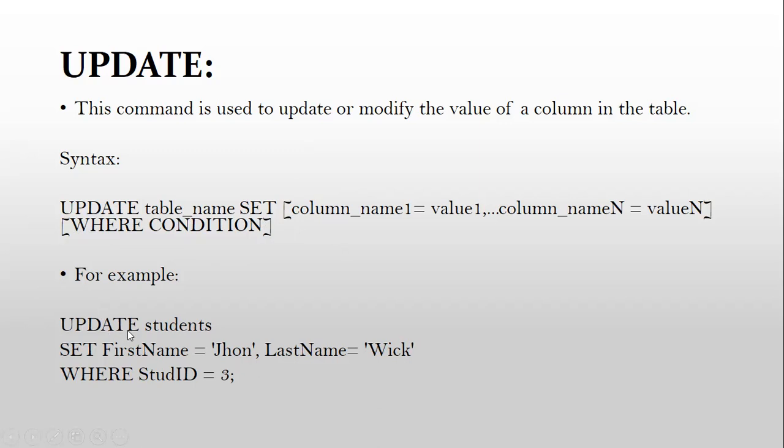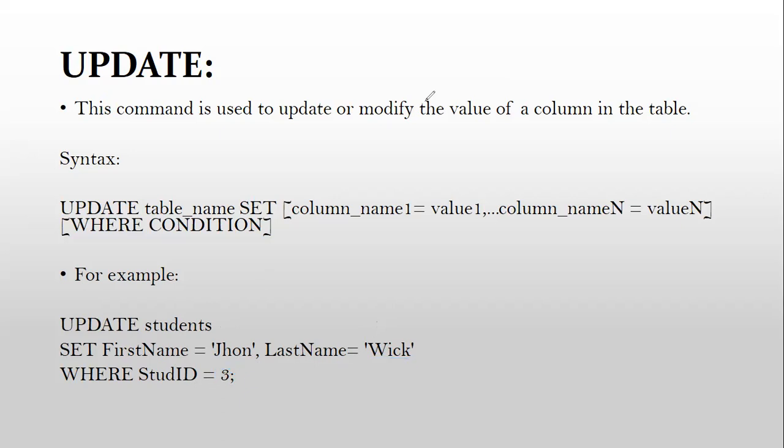For example, UPDATE student, where student is the table. Then SET first name is equal to John and last name is equal to Vic, WHERE student ID is equal to 3. So what will be the output of this is that first it will go to the student ID 3 and then it will set the first name as John and last name as Vic.